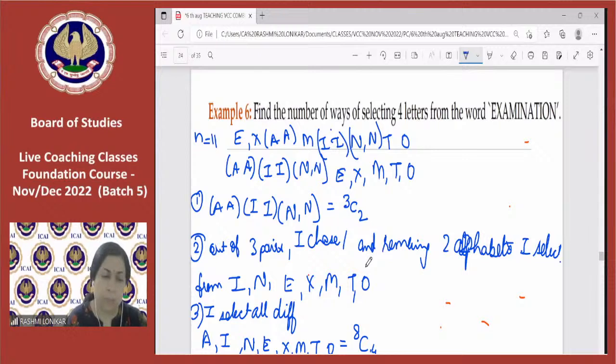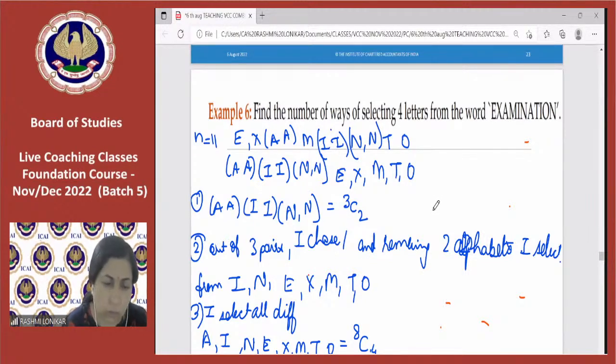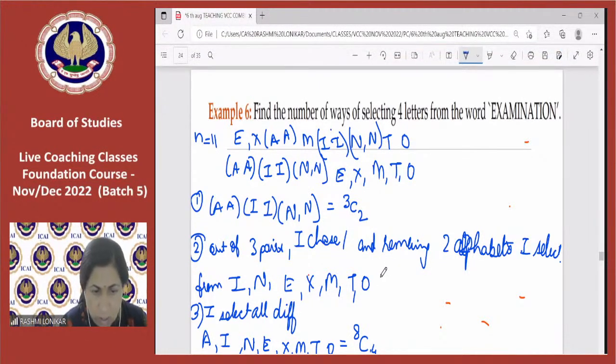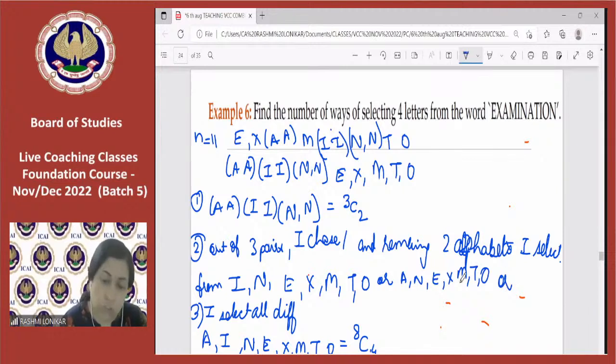Now here what will happen? Here I have one pair I have already chosen. So one pair is gone. So I can have this situation when I've chosen AA, or I can choose II. So from A, N, E, X, M, T, O. Or it may be the condition that we have chosen N. So I will write A, I, E, X, M, T, O. Okay.